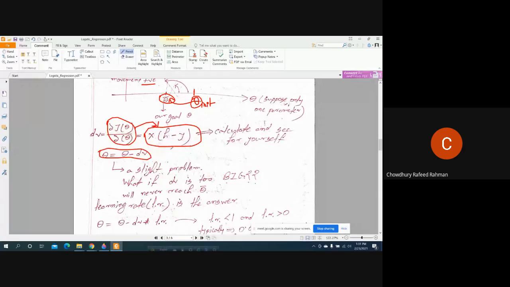So if you actually look at this derivative, there are three things. X, this is a vector. X is actually 1, x1, x2 in our problem. Then there is h, and then there is y. H is the predicted value, and y is the true value. So we actually know all these terms, right? Does anyone have any confusion with these terms?